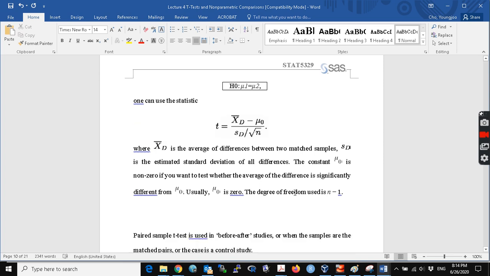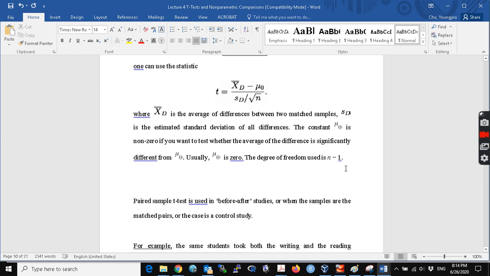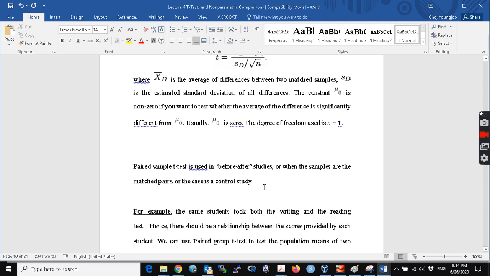This constant mu0 can be 0 or non-zero. And the degrees of freedom is still n minus 1. So if the null hypothesis is true, this t statistic follows the t distribution with n minus 1 degrees of freedom.